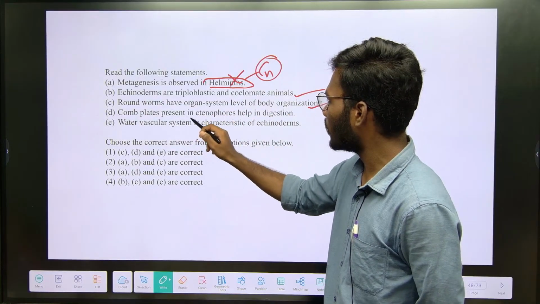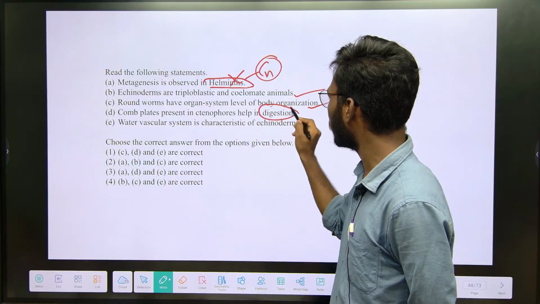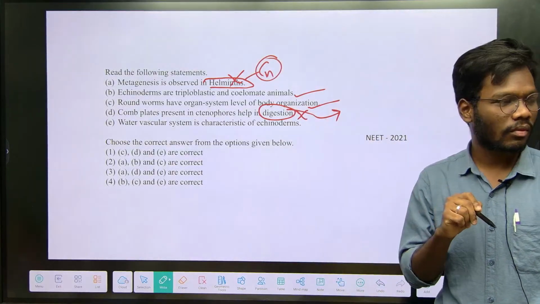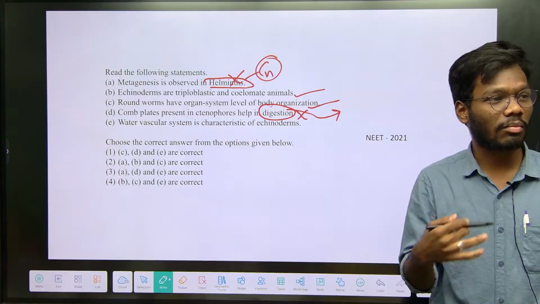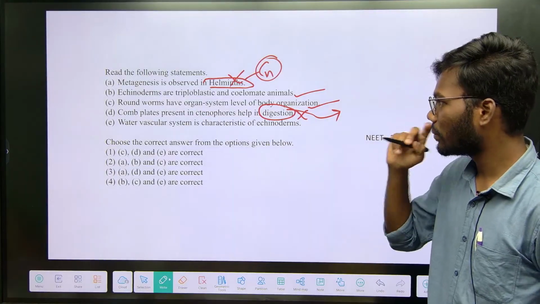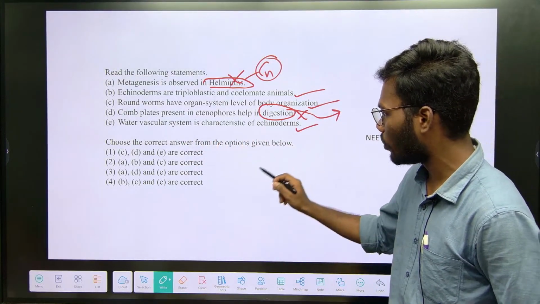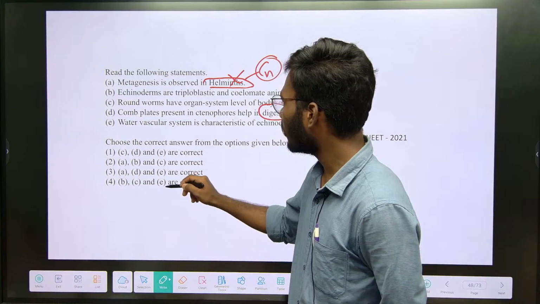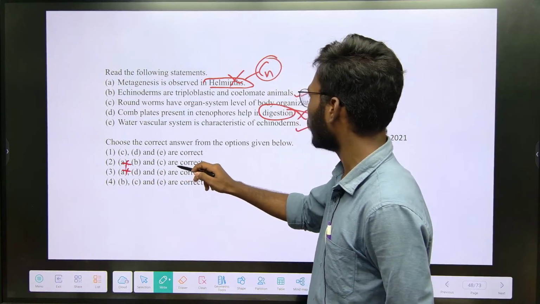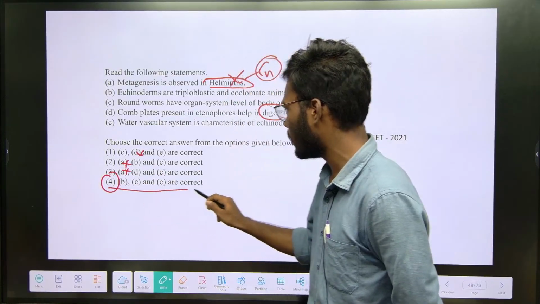Comb plates are present in ctenophores, helps in locomotion. What are the structures responsible for digestion in ctenophores? And water vascular system is a characteristic feature of Echinodermata. So option E is right. We can eliminate option A, right? Next, what can we eliminate? Option D is also eliminated. So the answer is option B, C, E.